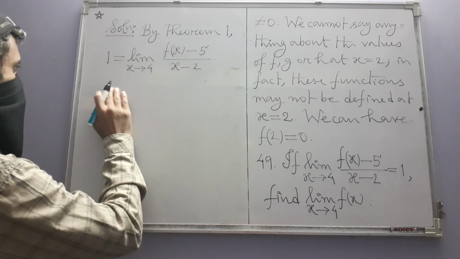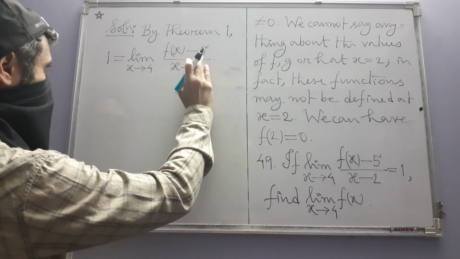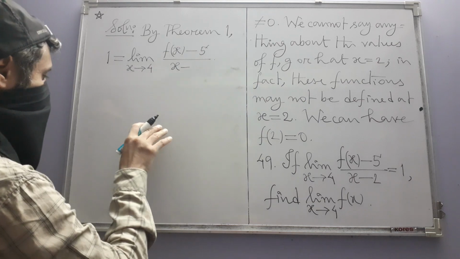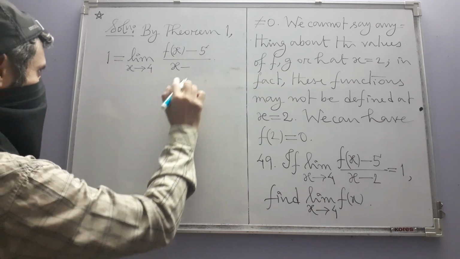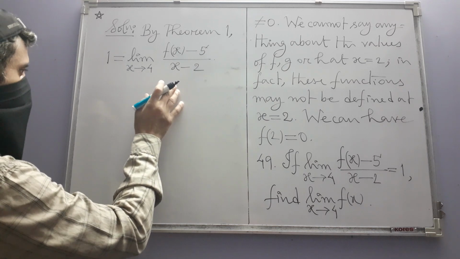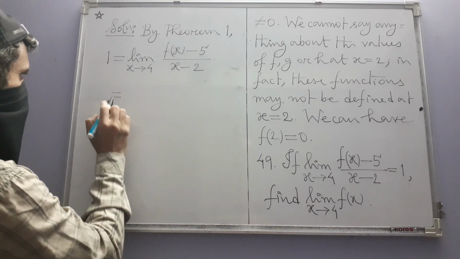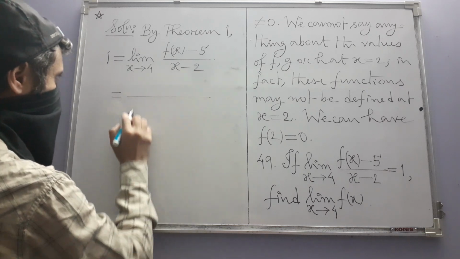Now it is tempting, okay, let me just show you something that I have just now realized after writing this. It is tempting to use theorem 1 at this stage and write the next step like this.